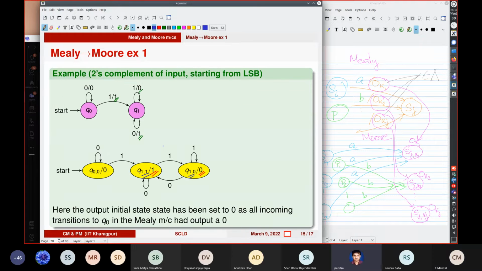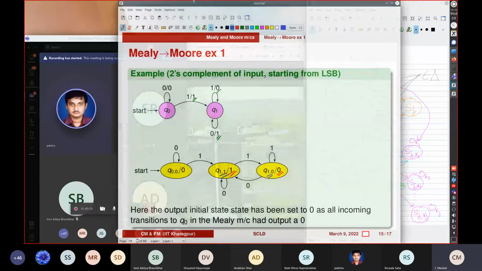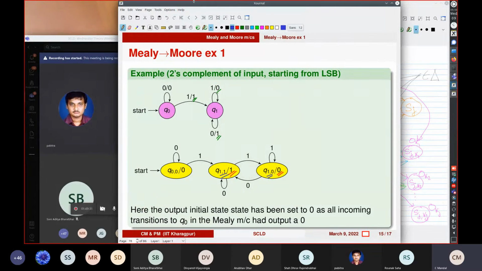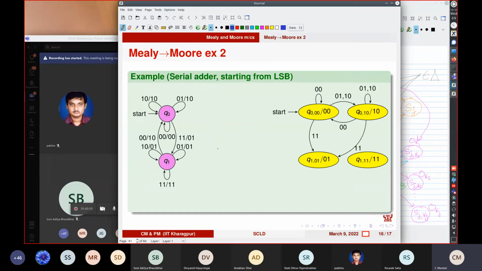Now here you can start from. I don't know how long I was muted. It's a bit problematic because I can't keep repeating everything. Anyway, I'll continue with the next slide.